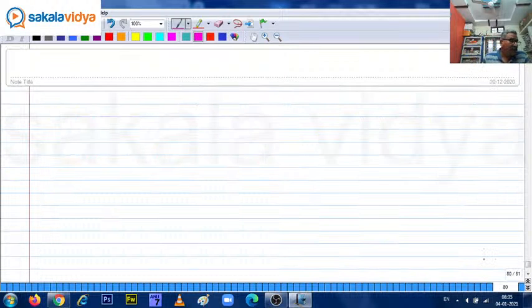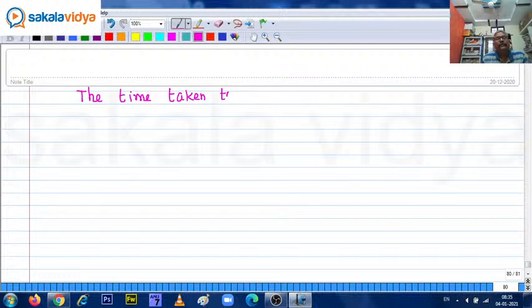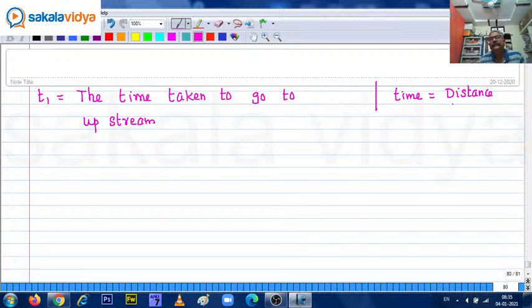So now let us find out the time taken to go upstream. See, this is t1, time taken. So here the time is equal to, we have the formula, distance by speed. Distance is equal to 24 kilometers.